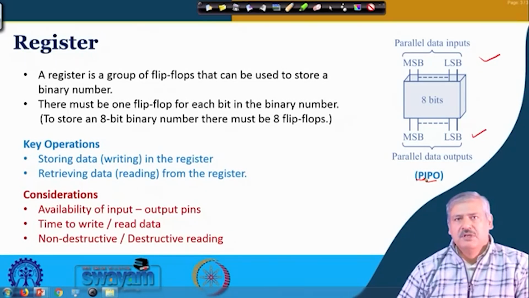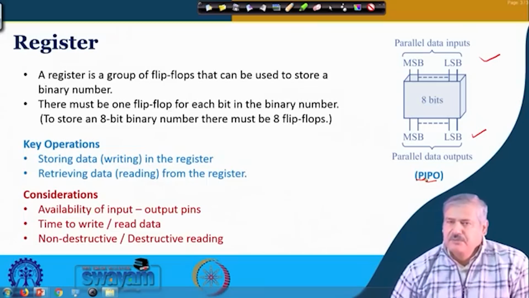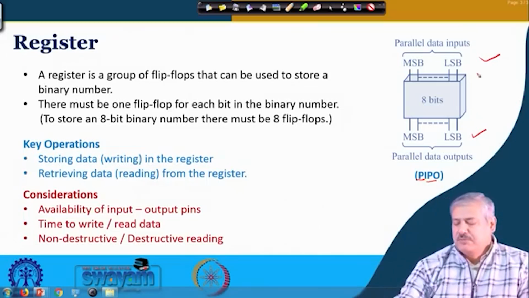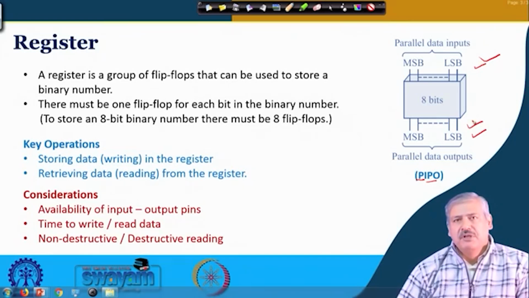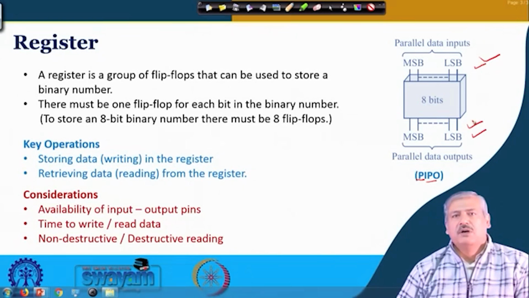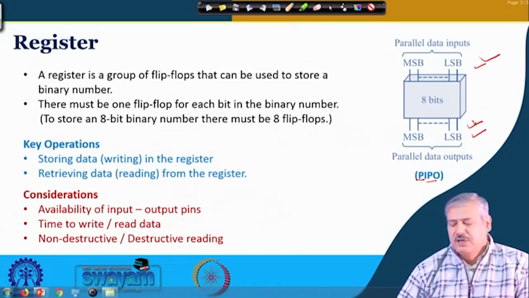Now, one issue that might come from storing larger number of bits in the form of a group is the number of input output ports or pins that will be required. So, if it is an 8-bit register, you can imagine, 8 input pins will be required here, then 8 output pins will be required here, and if you want Q bar, then of course another 8. So, even if we do not consider Q bar, 8 plus 8 is 16, then VCC, ground, then clock, then usually there is an asynchronous clear for initialization purpose.